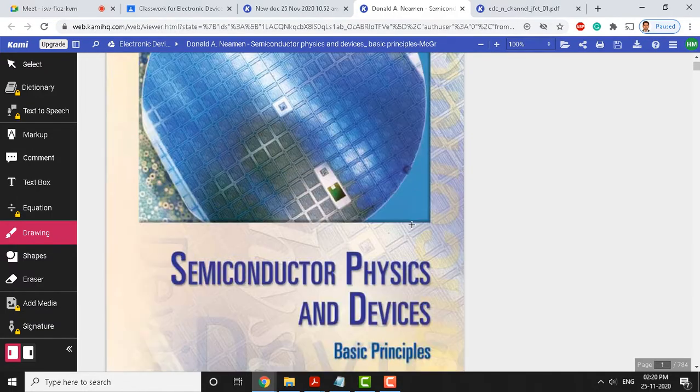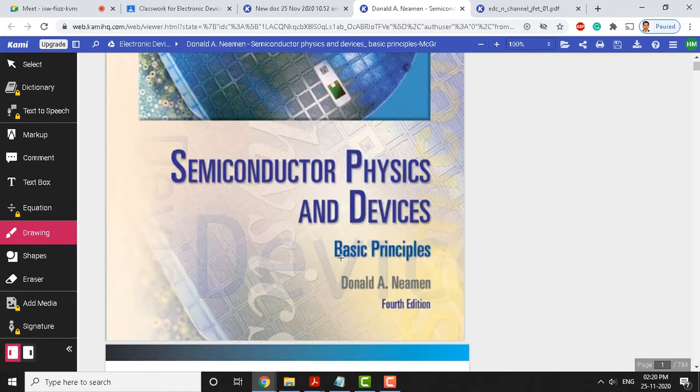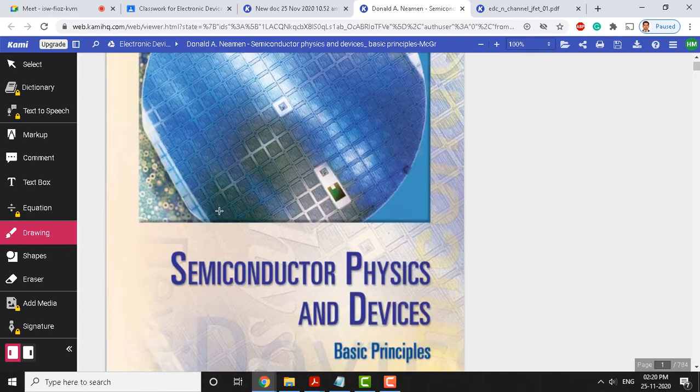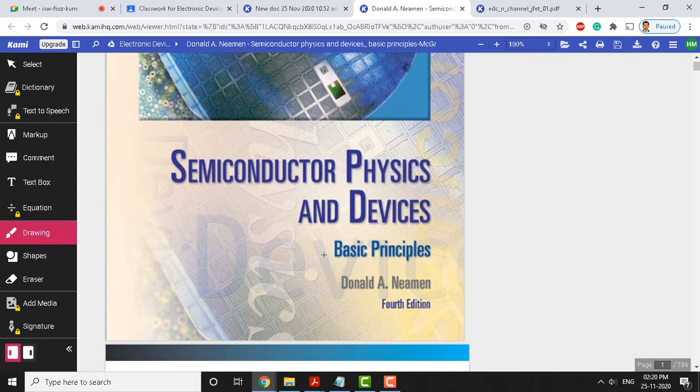These copies are available in our library also, and e-copies are uploaded in Google Classroom. The book used for this is Semiconductor Physics and Devices: Basic Principles by Donald A. Neamen, 4th edition. The 13th chapter is related to the JFET.